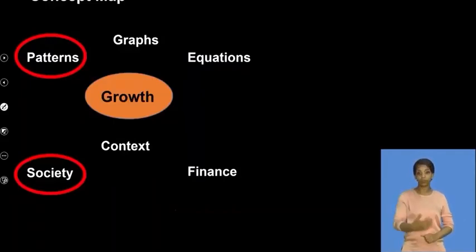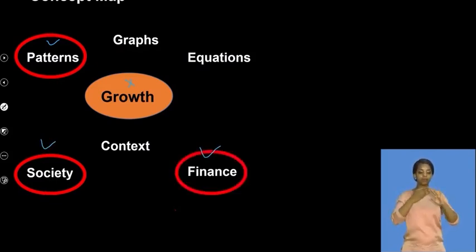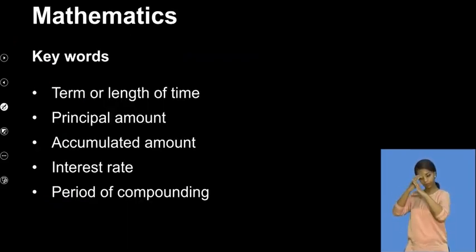So as you see here, remember that our big idea is still the concept of growth. We're looking at a pattern specifically under society. Now we're looking at a pattern under finance. Key words under finance would be the term or length of time.